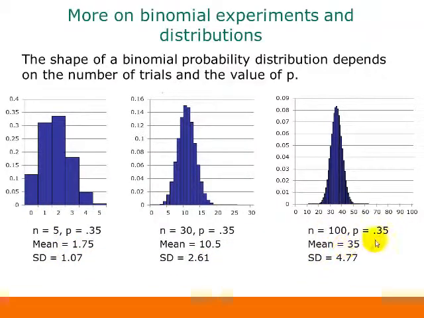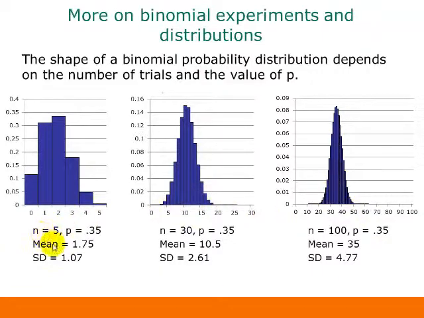Now finally, let's look at the same probability of success with 100 trials. Now this one has even more of a bell-shaped type distribution, although this is still going to be skewed to the right because our p-value is 0.35. But you can see as we increase the number of trials that this is starting to look more and more like a bell-shaped distribution.